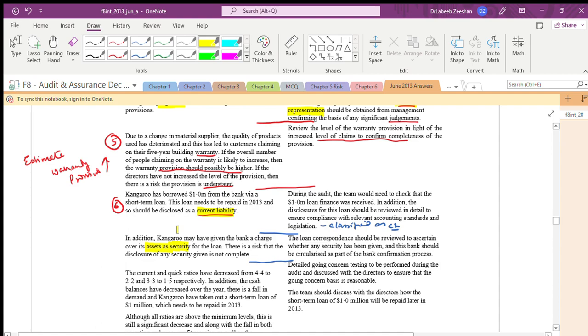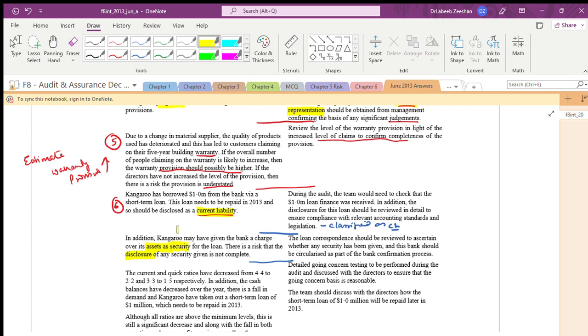What is the audit risk? The risk is whether the disclosure is complete or not. You have to disclose, that's all. If you are disclosing it, it's okay. What is the response of the auditor? The loan correspondence should be reviewed.